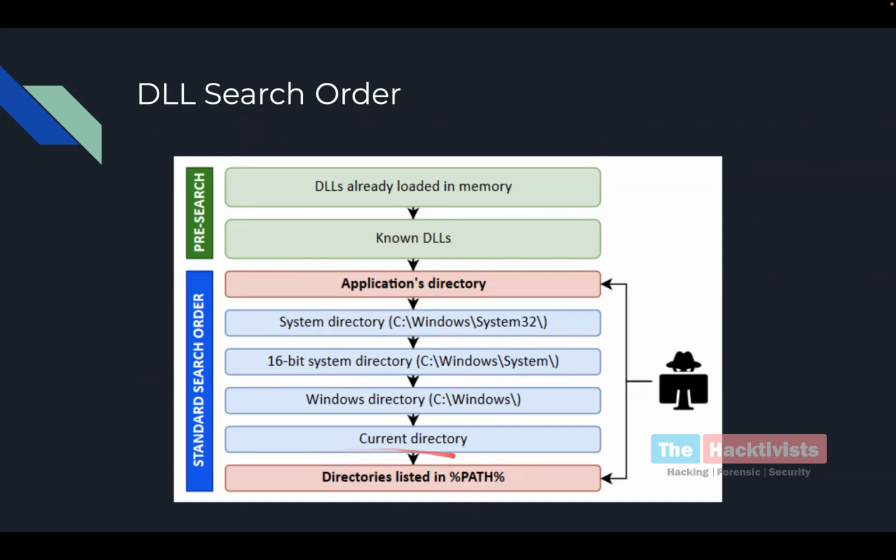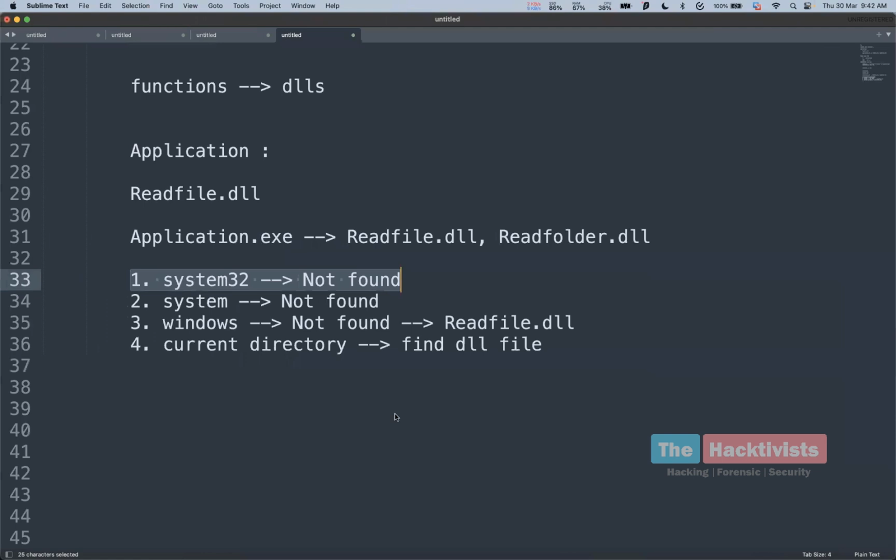We know that all the application level DLLs will be available only in the current directory itself. At that point, we will check which DLLs are not available, and we will go to that particular DLL.